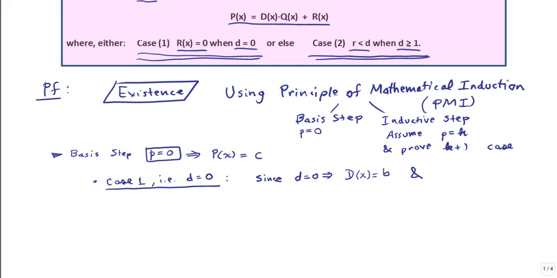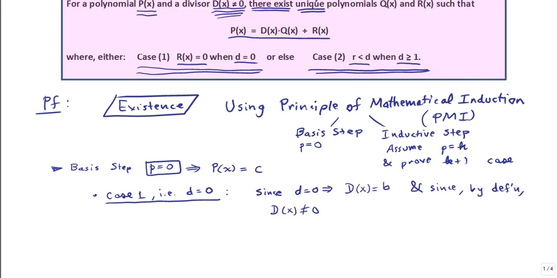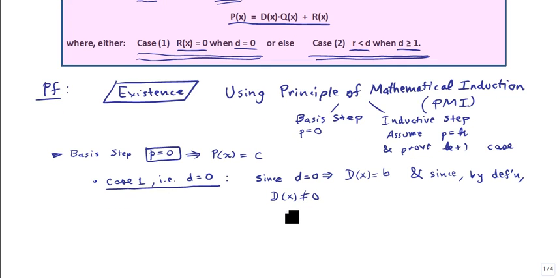And since, by definition, the divisor polynomial must be different than 0, that's just by definition. Division by 0 is not allowed. It's undefined. Since the divisor polynomial is different from 0, all of this implies then that b, the constant, must be different than 0.